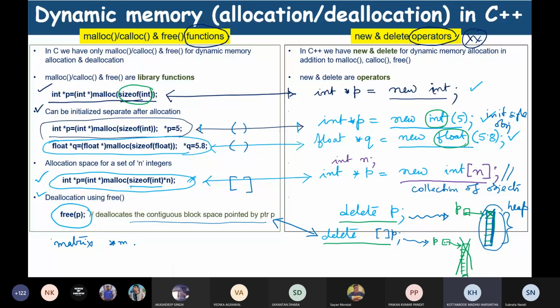What does it mean? M is a pointer to a matrix class or matrix object, right? Matrix data types. Say we have defined it.